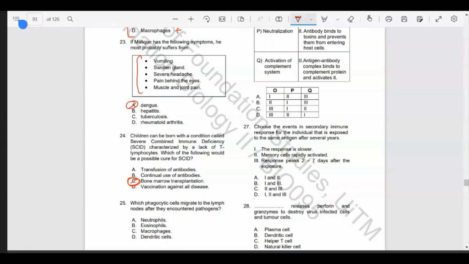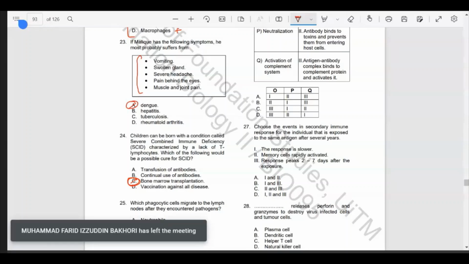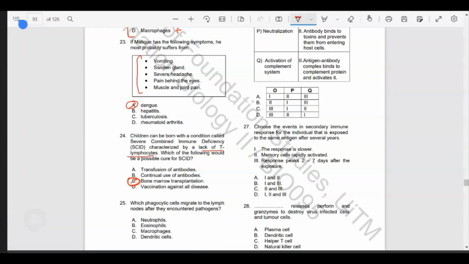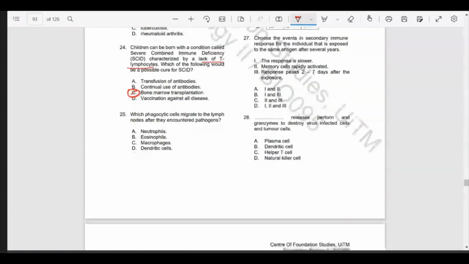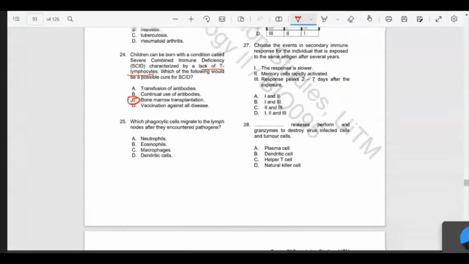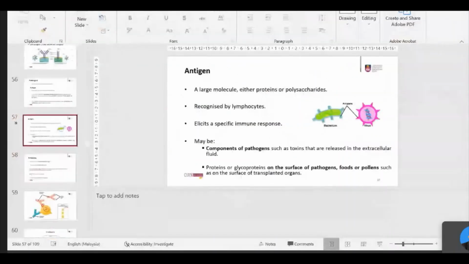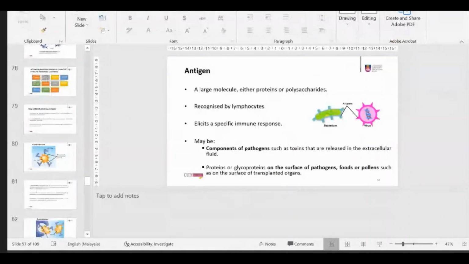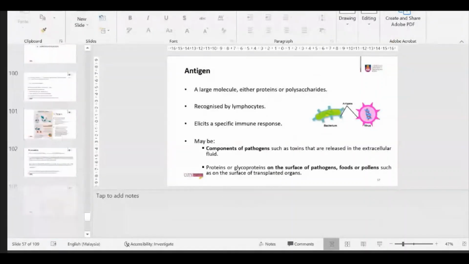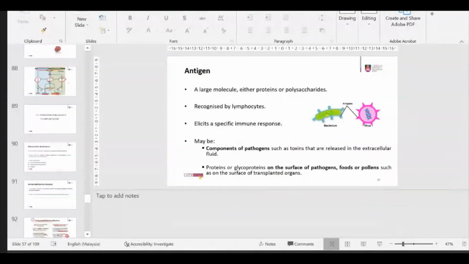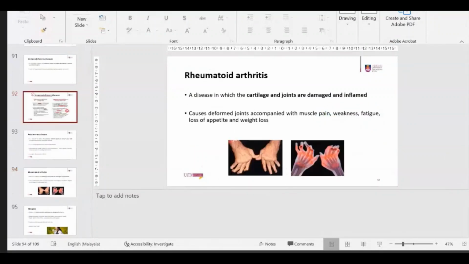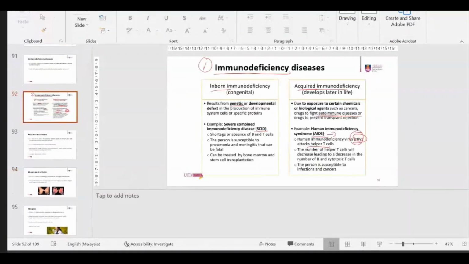Immunodeficiency. So lacking the lymphocyte, a shortage or absence of the lymphocyte, B and T lymphocyte.